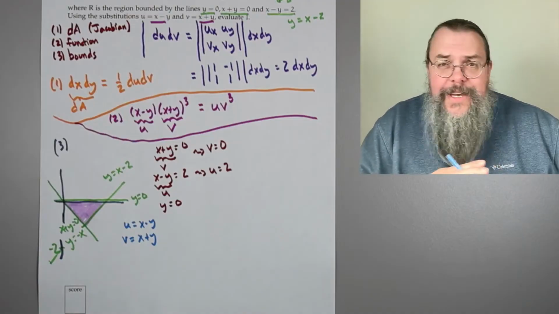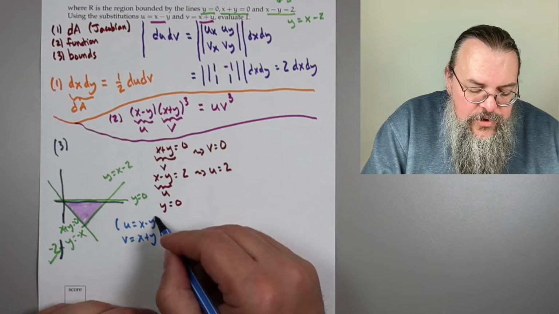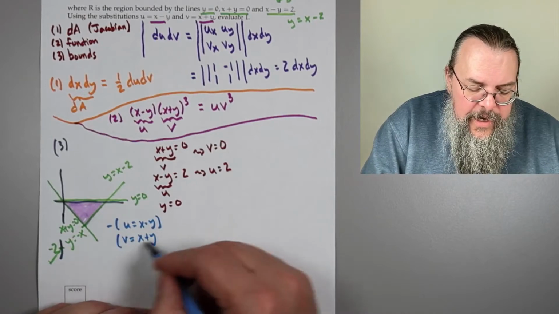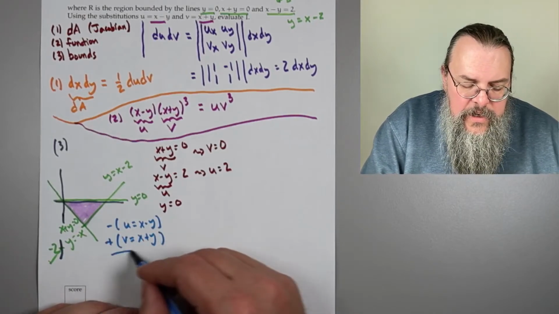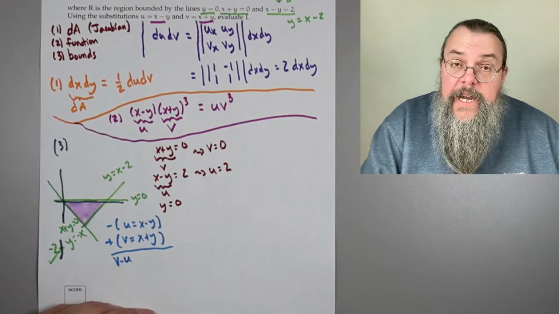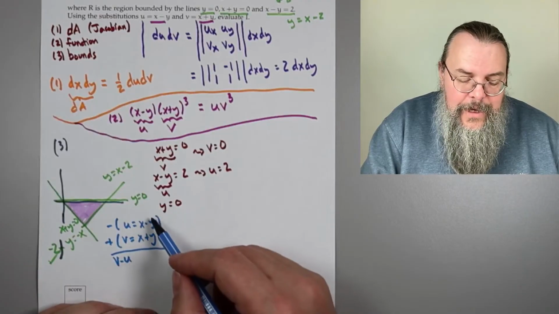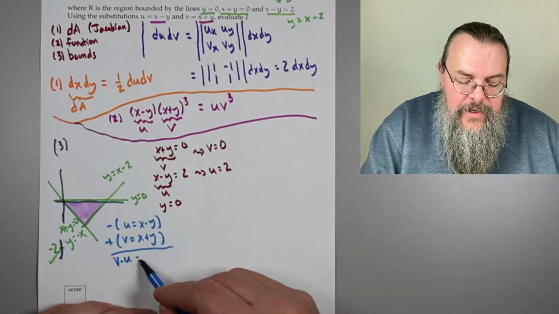In particular, let's get rid of the x's. Well, we can subtract the first one from the second one, and what would we have? We have v minus u, the x's will cancel, and we'd have a y plus a y is 2y.